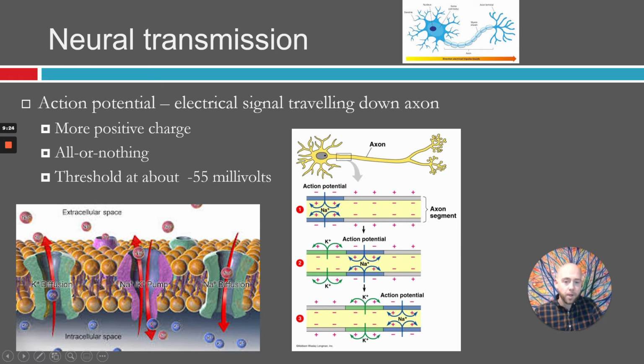Then the next pumps are going to open up and let that sodium in, and at the same time the pumps where you were previously positively charged are opening to let out potassium, so it becomes more negative. So it's, again, not just like a charge going down a wire, but these very slightly more complex electrochemical changes that are moving down the axon by the flow of these different chemicals, these different ions that are flowing in and out of your neurons.